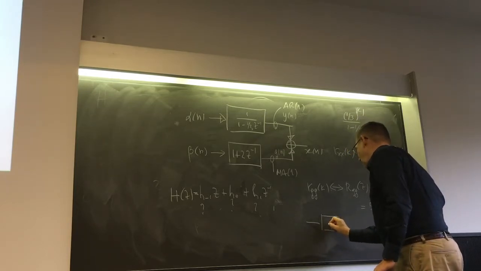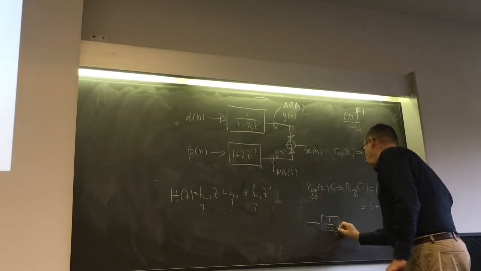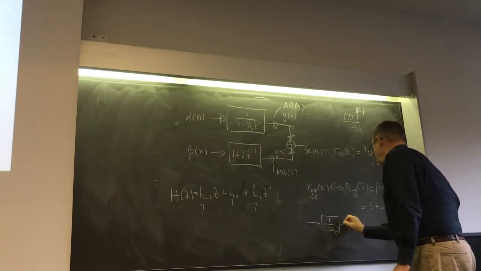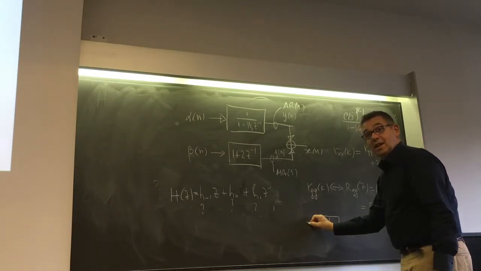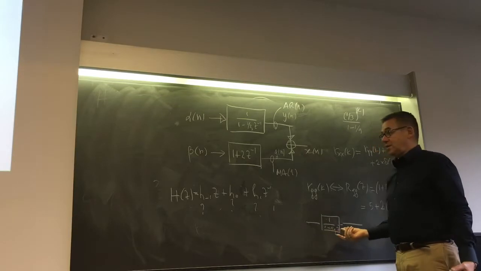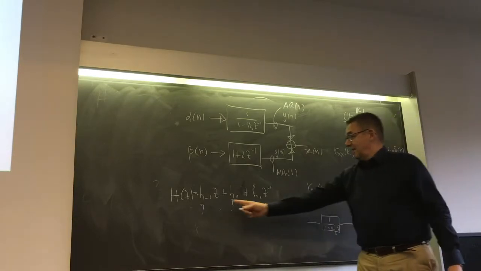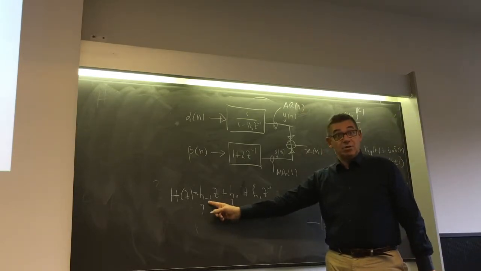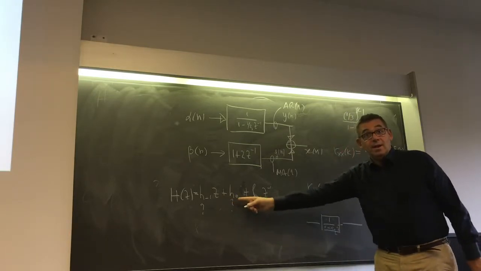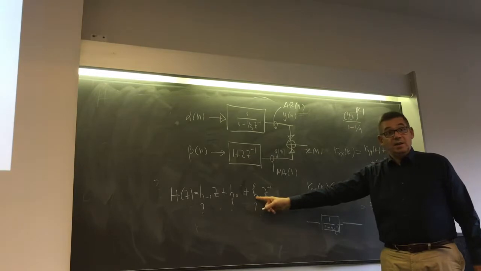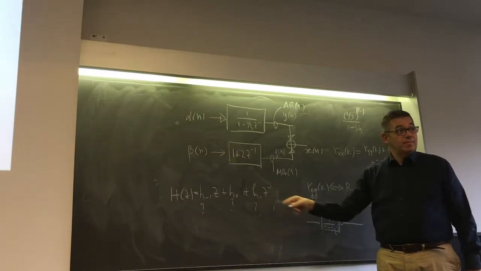I have 1 divided by 1 minus 1/3 z to the minus 1. And then I tell you, estimate that. Okay, so what do you do? The filter is stupid, because this term will be 0, this one will be 1, and this one will be 1/3. Right?